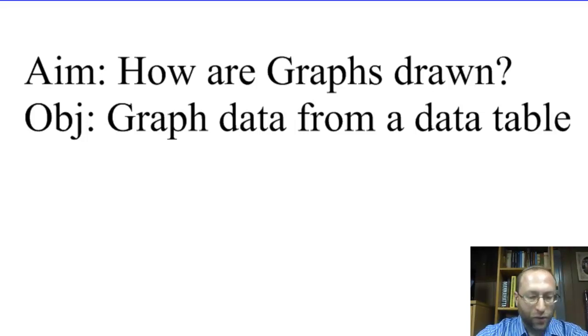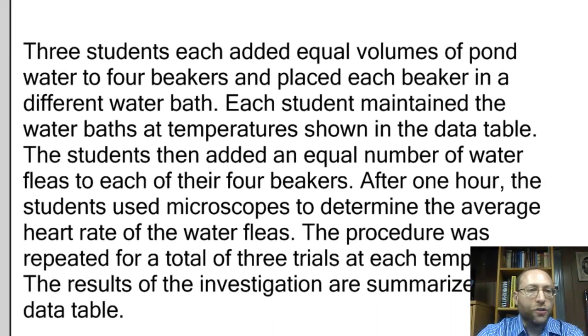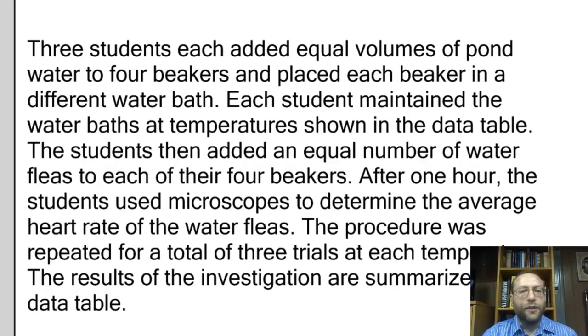Okay, so let's move on to the Regents question that we're going to be solving. And here's the question. I'll just read it for you. 3 students each added equal volumes of pond water to 4 beakers and placed each beaker in a different water bath. Each student maintained the water baths at temperatures shown in the data table. The students then added an equal number of water fleas to each of the 4 beakers.